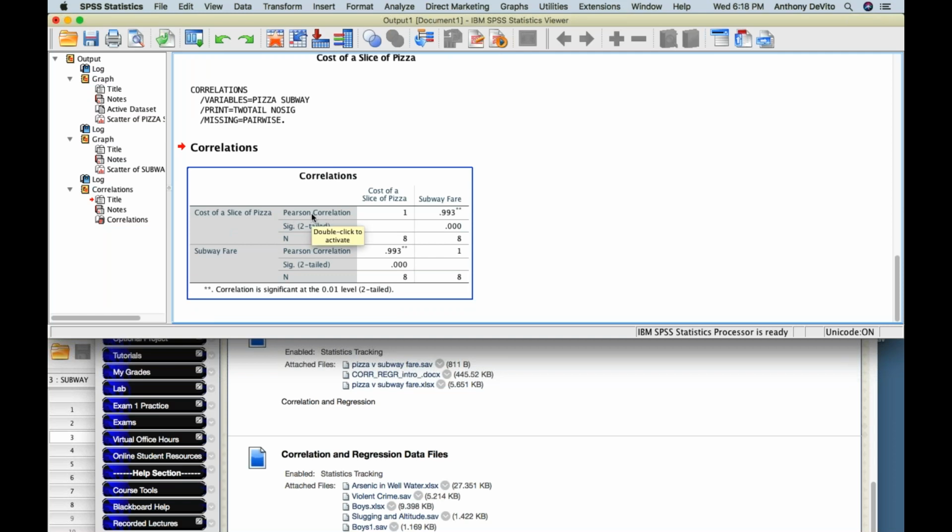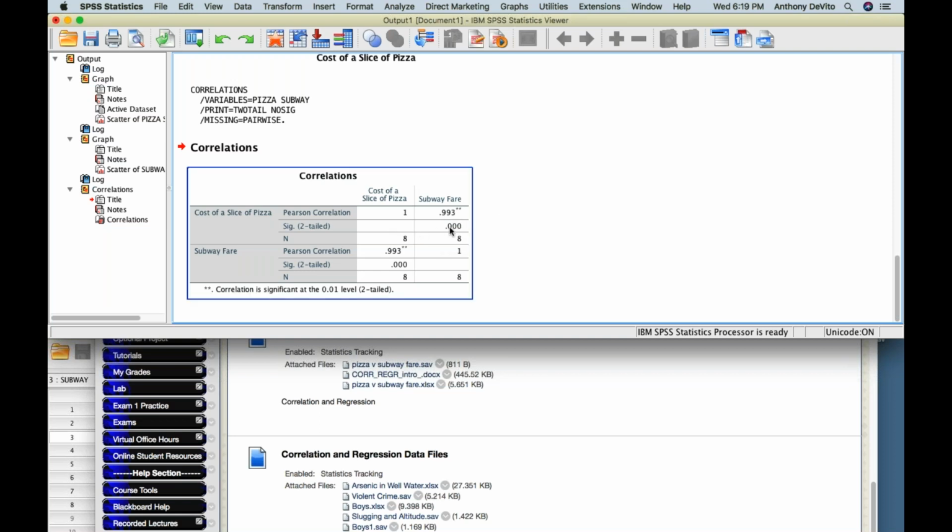My Pearson's correlation coefficient is 0.993. Well, it's a positive number. That means there's a positive association between the cost of a Subway token and the cost of pizza, right? And it's a very strong correlation. Well, remember that in order for me to make sure that this is statistically significant, that it really isn't zero and I just happened to get unlucky and get the wrong numbers, right?